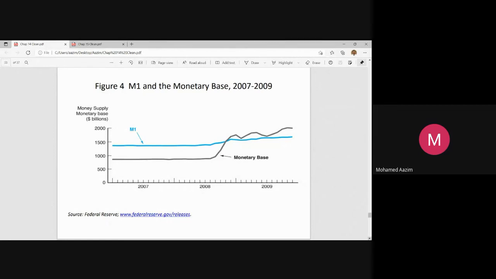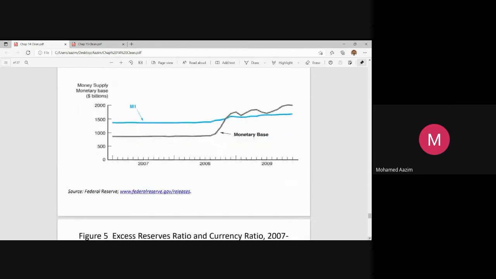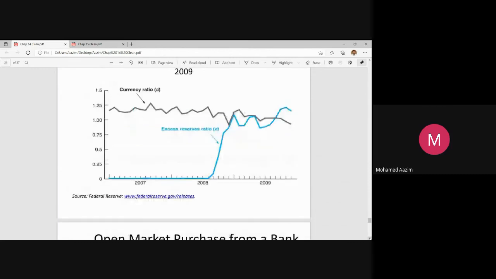But money supply only marginally increased, not by the amount of expansion in monetary base. So the monetary base was much bigger than the money supply during the recent financial crisis. This could be explained by looking at the currency ratio and excess reserve ratio.